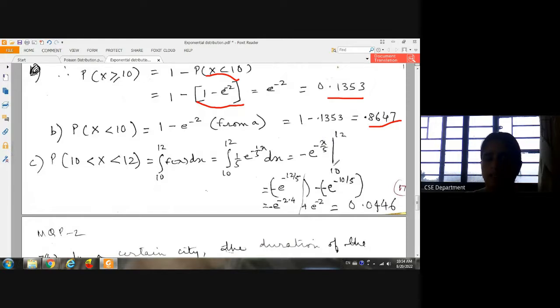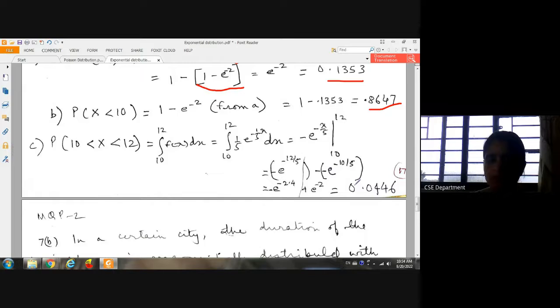Limits of the integral are 10 to 12. If we substitute 12 first, this is minus e to the power of minus 12 by 5, minus the result when you substitute 10, minus e power minus 10 by 5. This comes to minus e power minus 2.4 plus e power minus 2. Use a calculator and check the numeric value you will get.